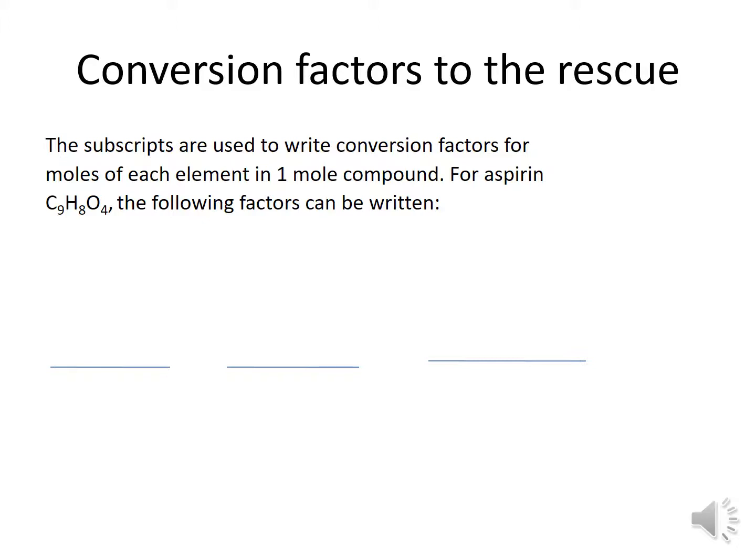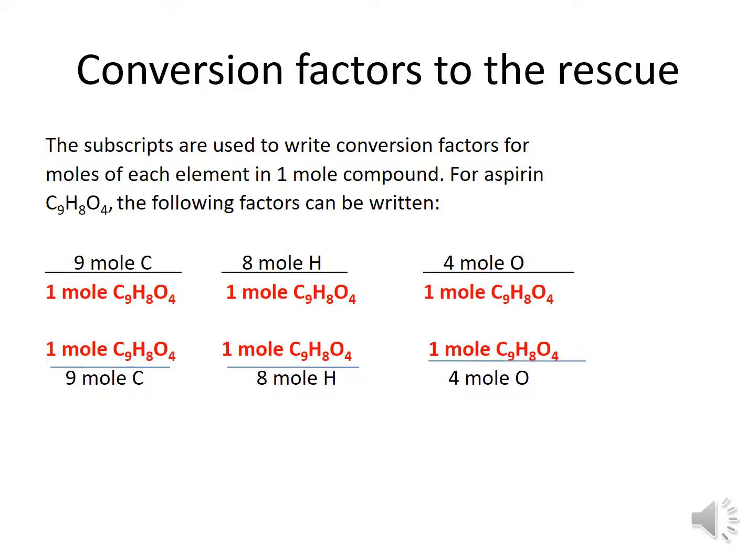For aspirin, C9H8O4, you can write the following conversion factors. 9 moles of carbon over 1 mole of C9H8O4, 8 moles of hydrogen over 1 mole of C9H8O4, or 4 moles of oxygen over 1 mole of C9H8O4.